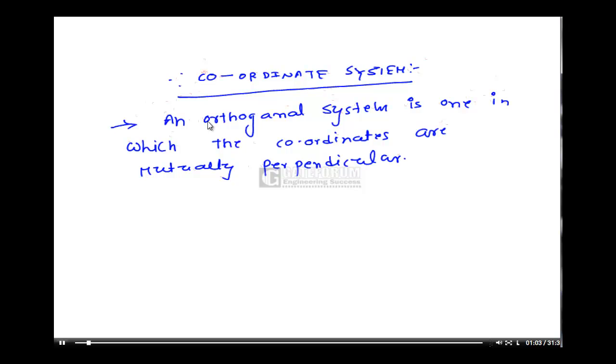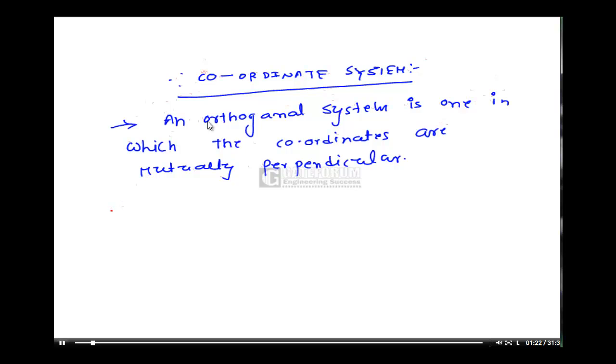So if the coordinates are mutually perpendicular, that is perpendicular with respect to one another, then we can call it an orthogonal system. So generally in the analysis of electromagnetics problems, we will follow orthogonal systems.